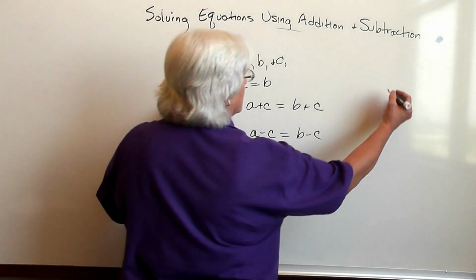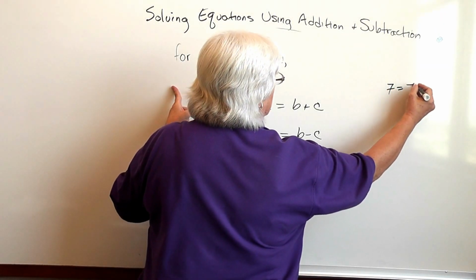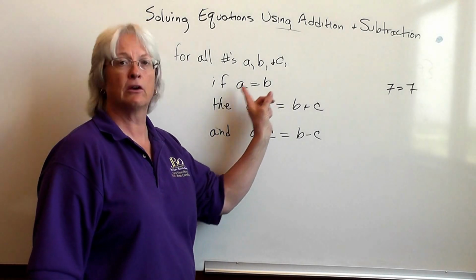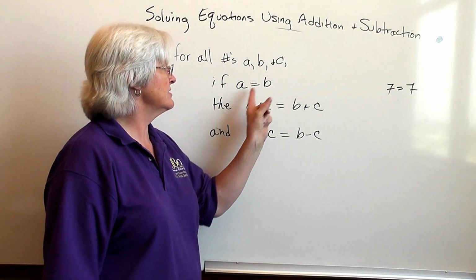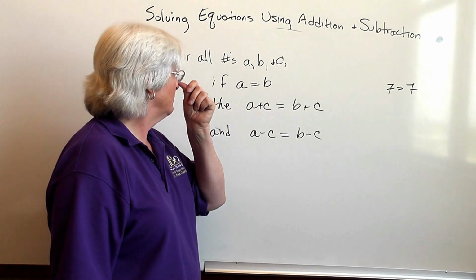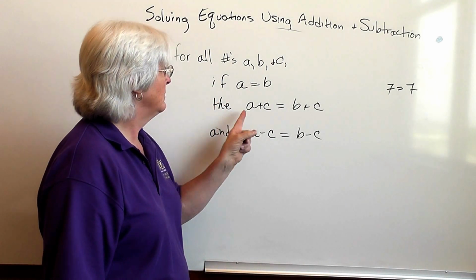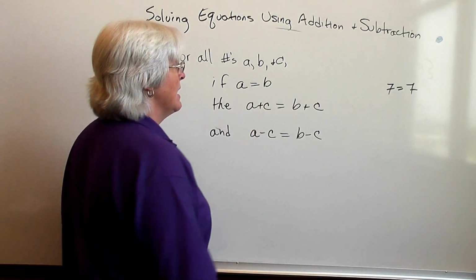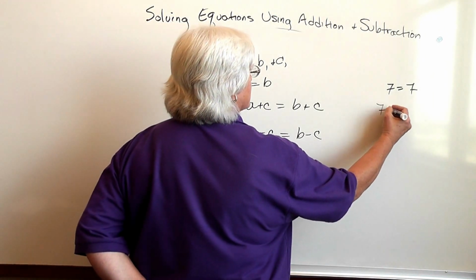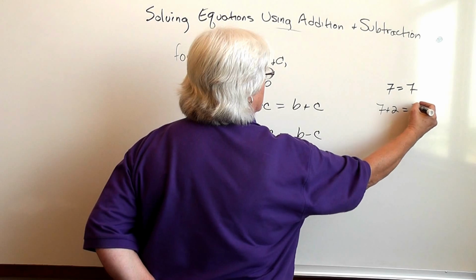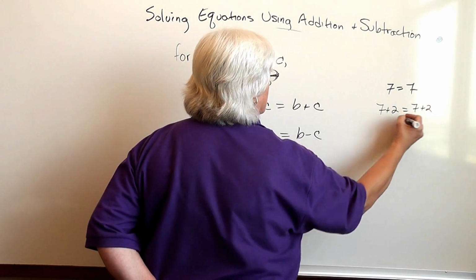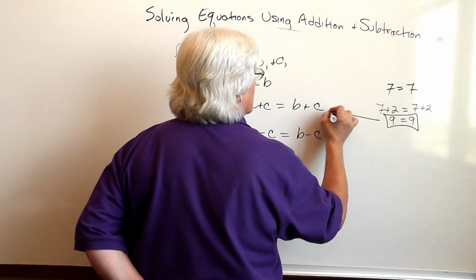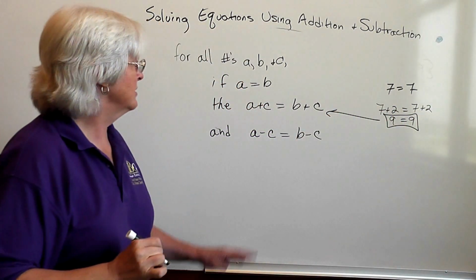is, let's say we have 7 is equal to 7. Here, A and B are the same number. 7 is equal to 7. If we're going to add a value for C, A plus C, 7 plus 2, that makes sense, doesn't it?